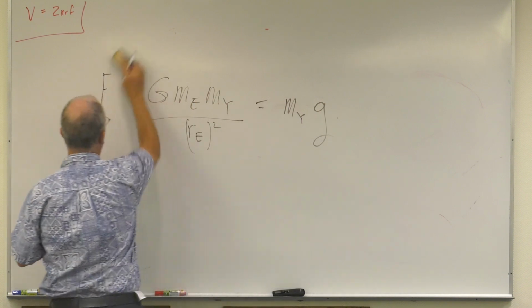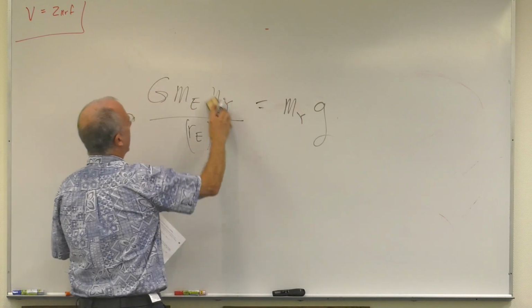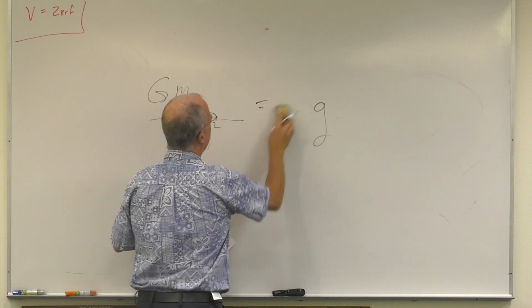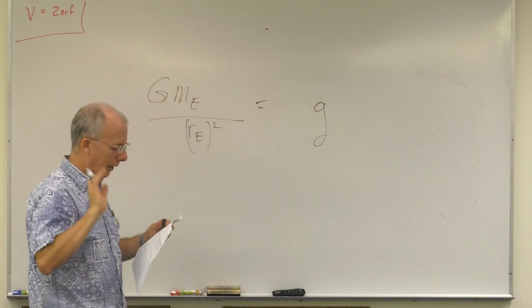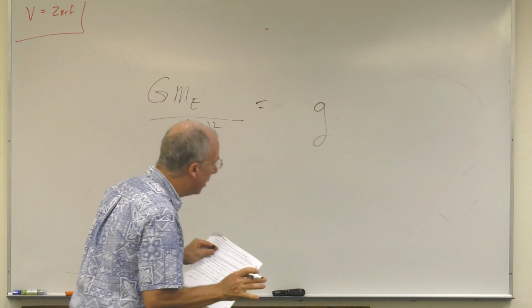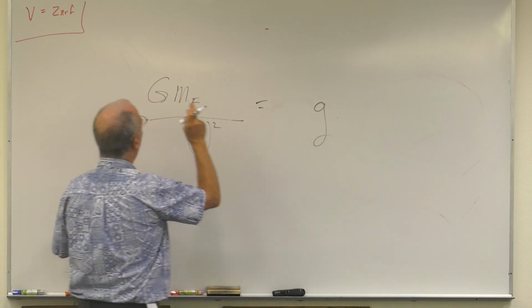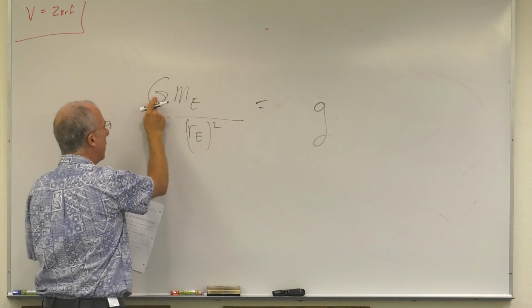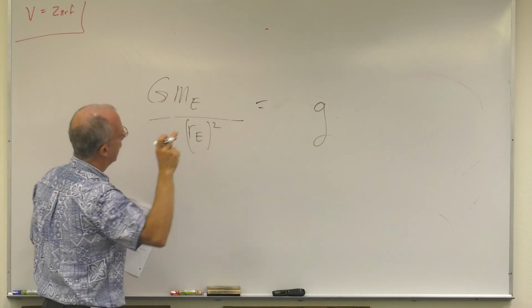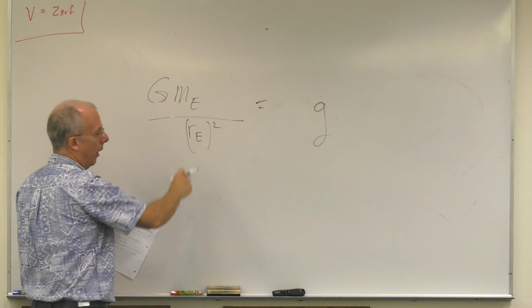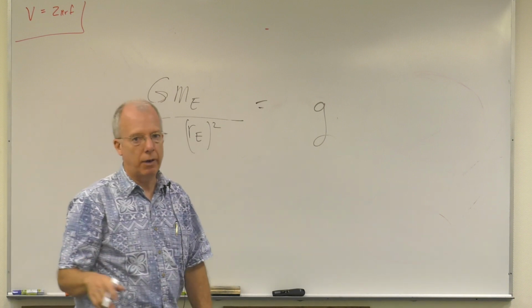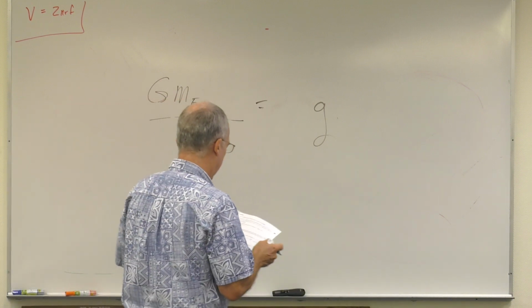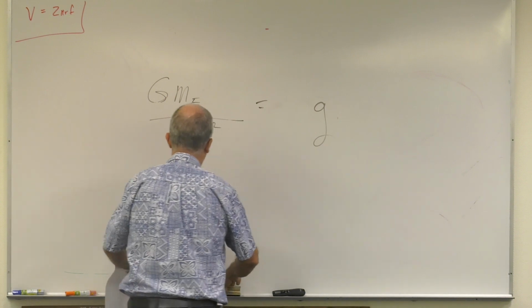So therefore, what's little g? We can cancel the m you's, and that's little g. Notice, little g only depends on the characteristics of the Earth: this is the constant, this is the mass of the Earth, and this is the radius of the Earth squared. So you could do a similar analysis for the Moon or for any planet you felt like.